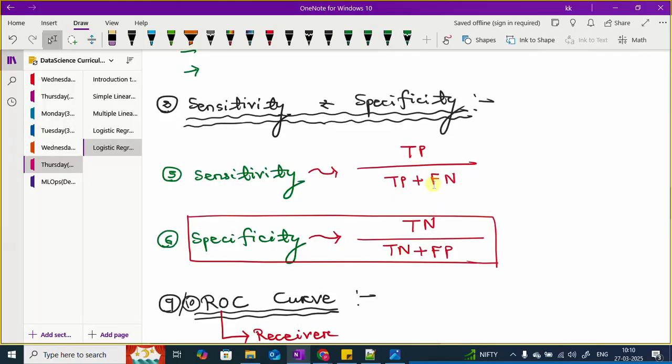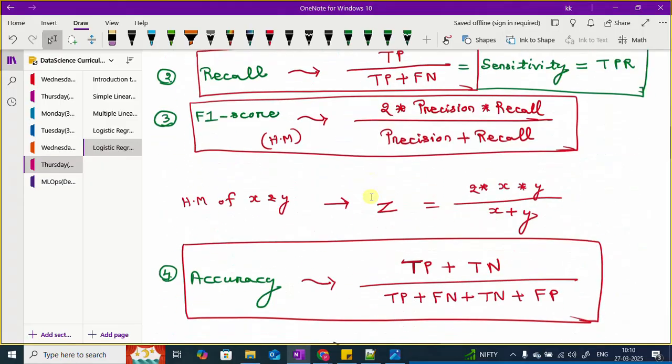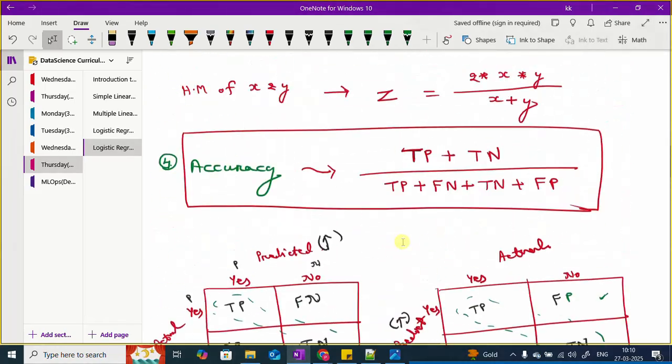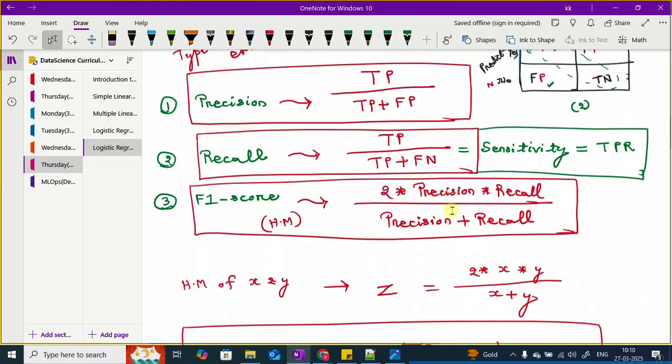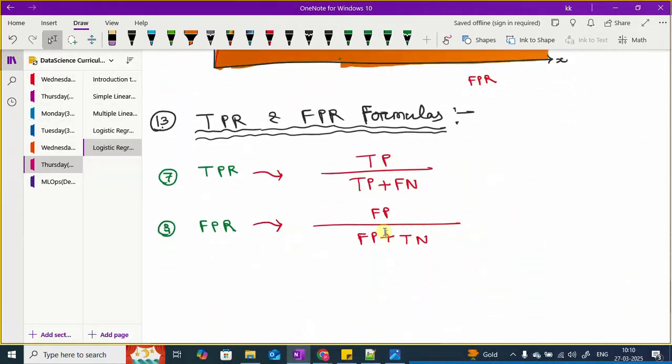Now sensitivity, TP divided by TP plus FN. TN divided by TN plus FP, okay. But it's not the same formula as this one. FPR, okay, so this is a different formula.